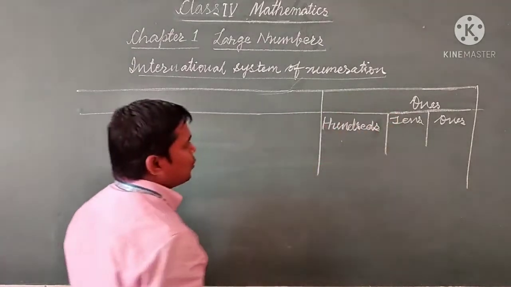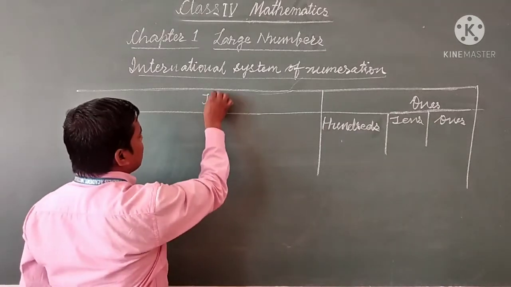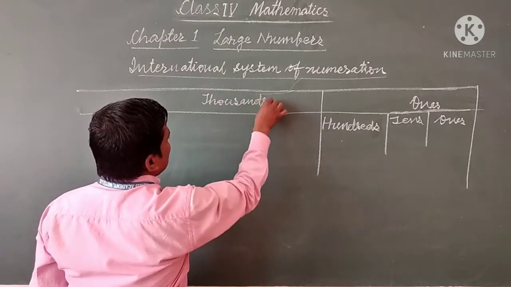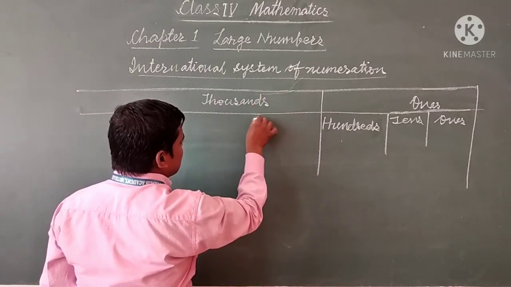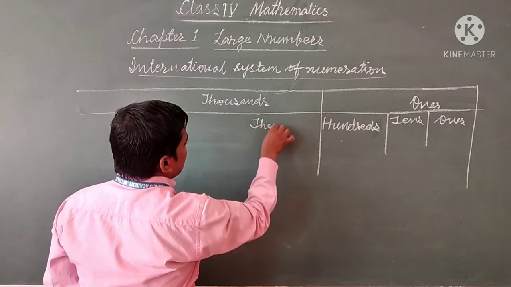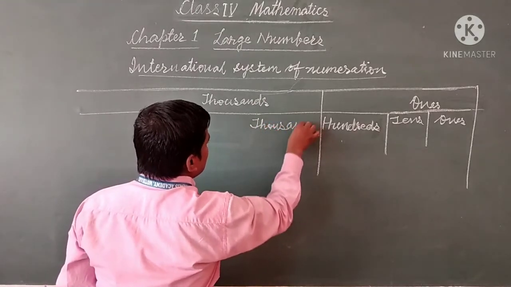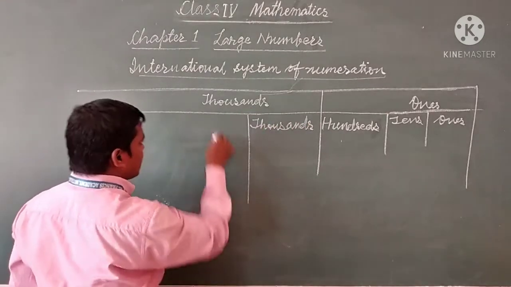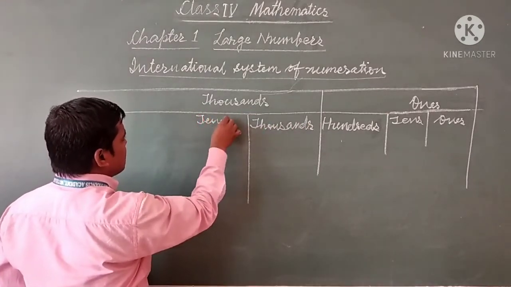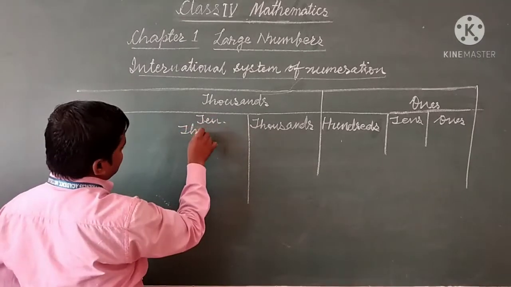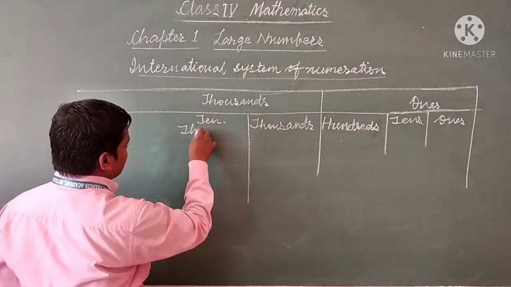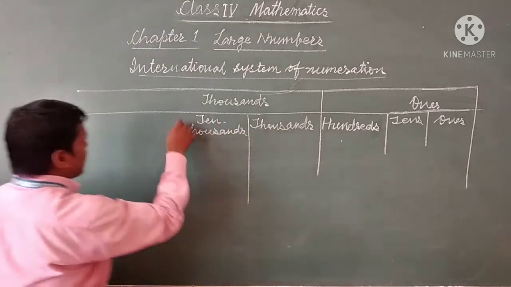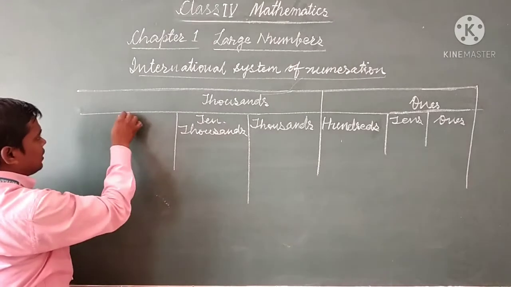Then we have the thousands period. In the thousands period we have 3 places: thousands place, ten thousands place, and hundred thousands place.